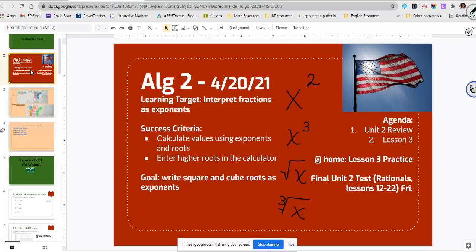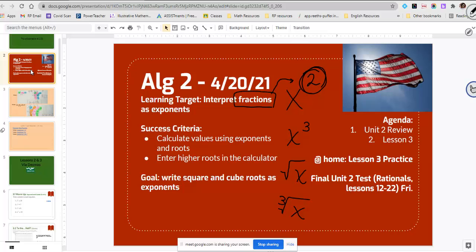And throughout this entire unit, we're just going to see how we can use different bases and look at some different kinds of exponents. So we're focusing a lot on the powers that we're using, our exponents. And so today we are really going to look at using fractions as an exponent.